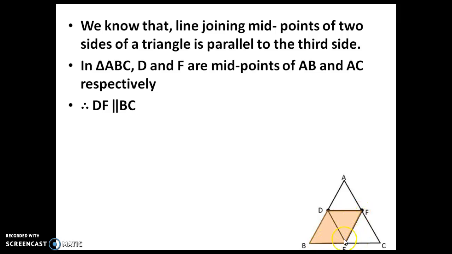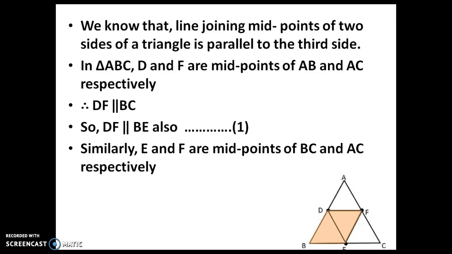So DF is parallel to BC, and BE is a part of BC. So we can write that DF is also parallel to BE.